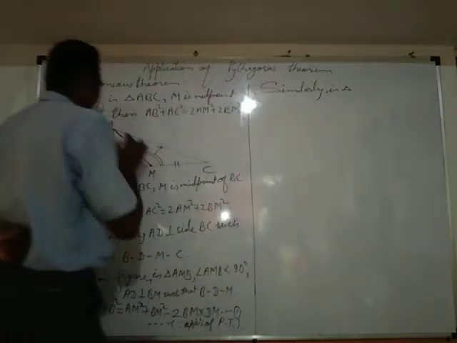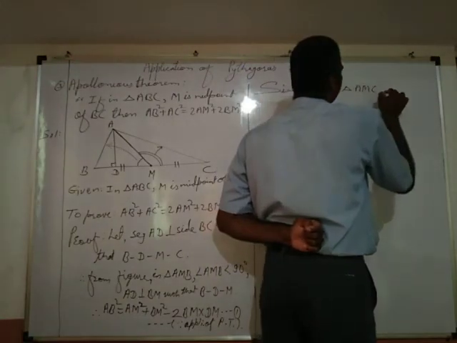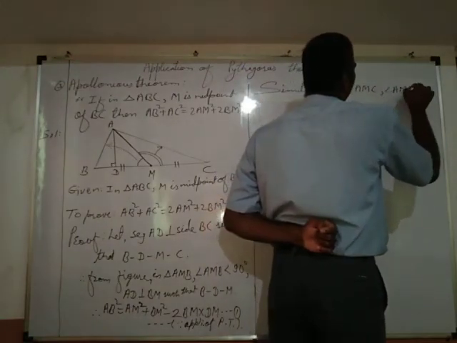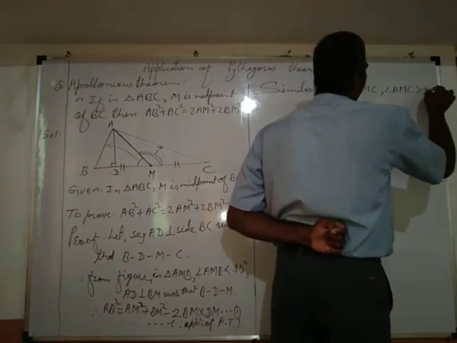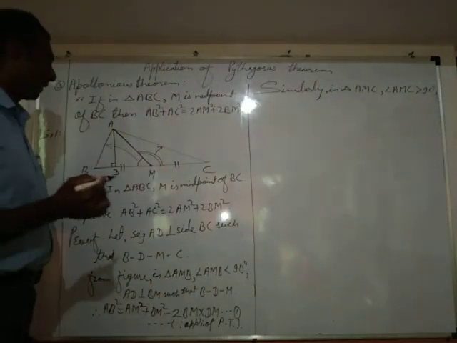Similarly, in triangle AMC, angle AMC is greater than 90 degrees, means it is obtuse angle triangle.